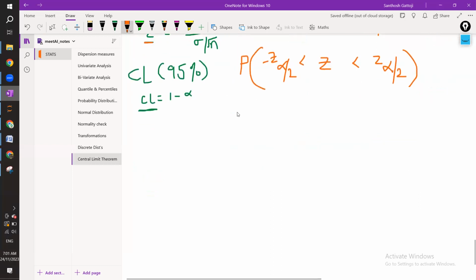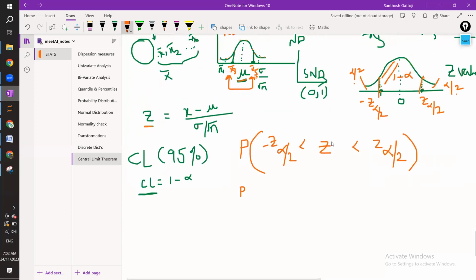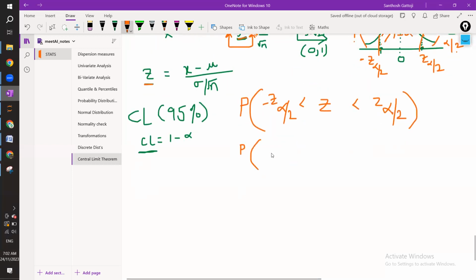If you try to solve from here, what is our corresponding z score? This is x minus mu by rho. So this is the probability of minus z alpha by 2 less than our z, which is x bar minus mu by rho by square root of n, less than z alpha by 2.